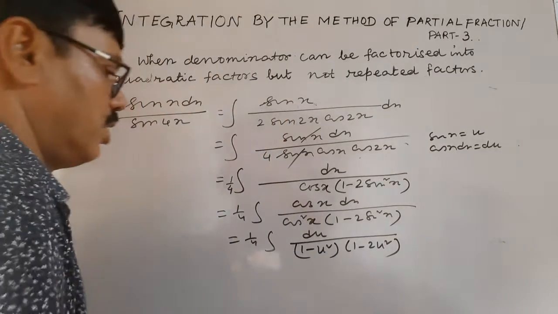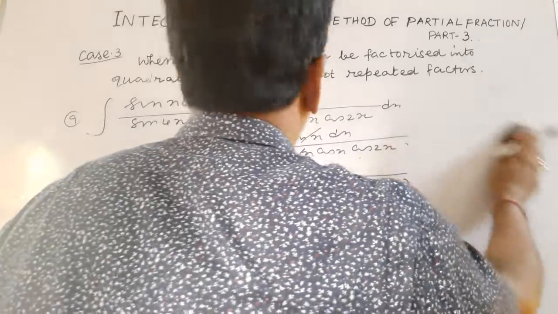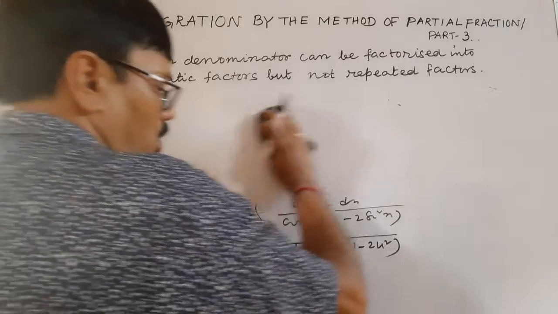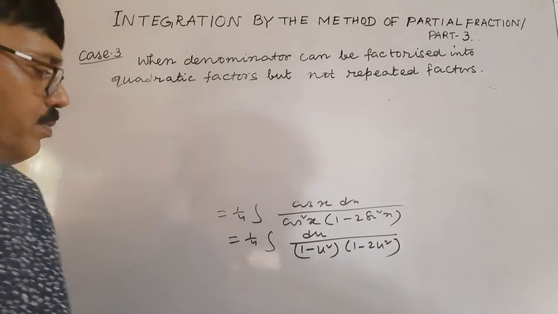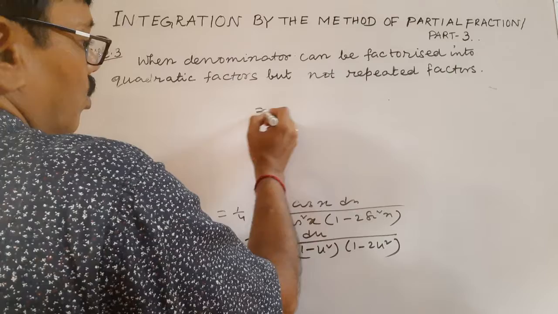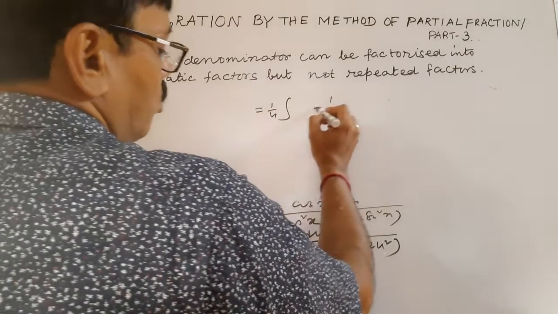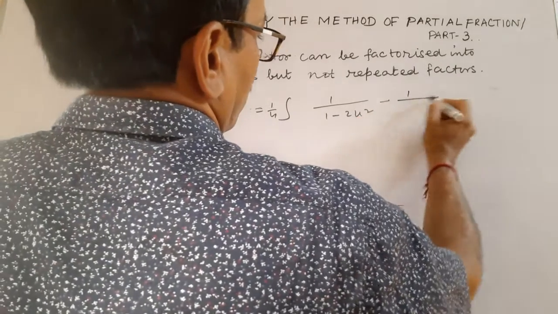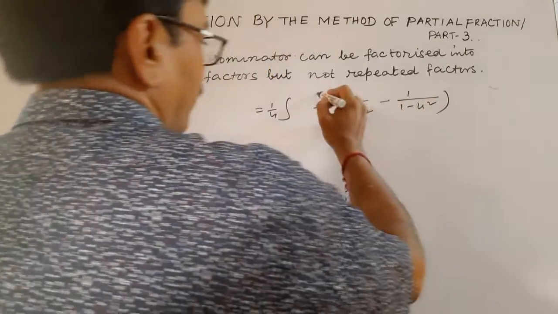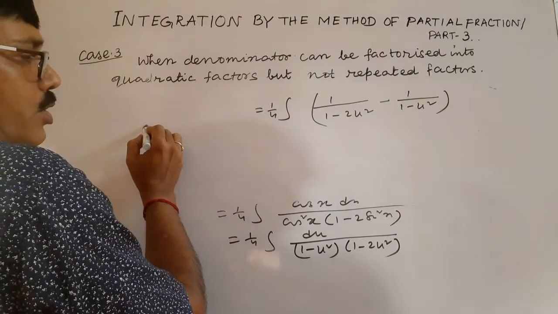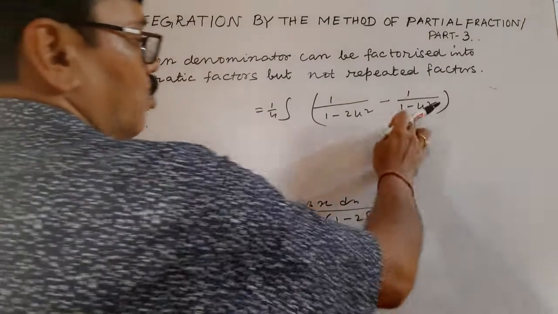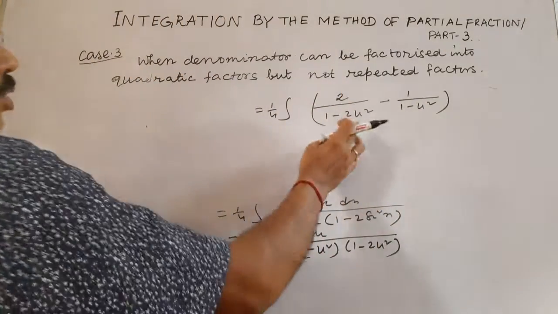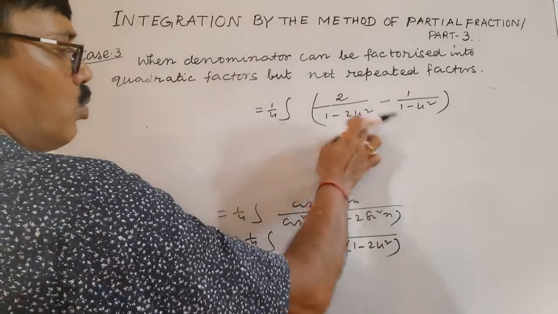So you can integrate it by trial method or using transformation. So look, 1 by 4, if we try to express 1 minus 2u square as a difference, 1 minus u square and this is 2u square. So we take here 2, because your main aim is to cancel 2u square.